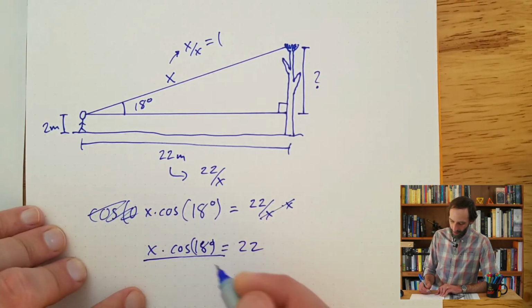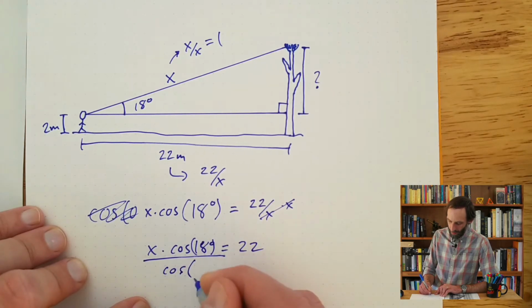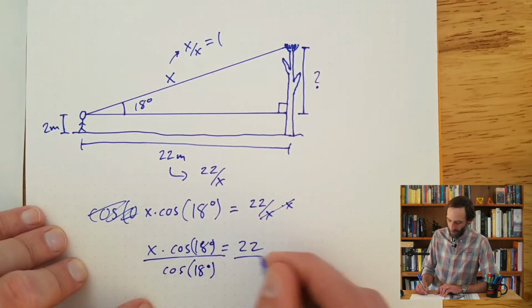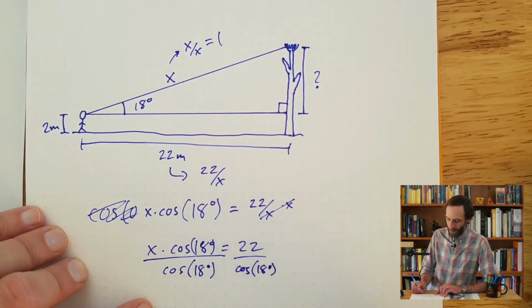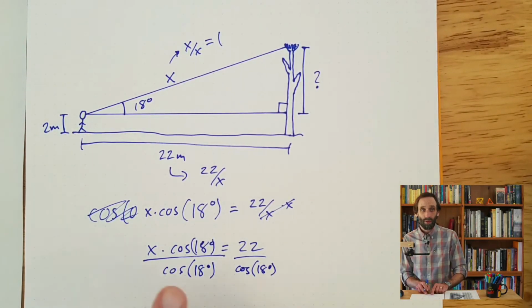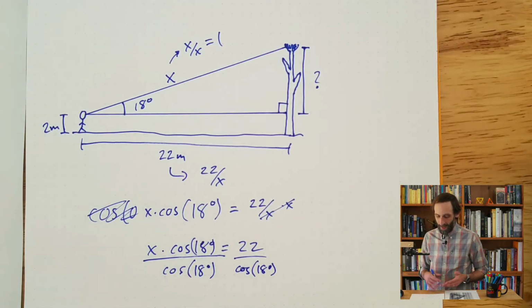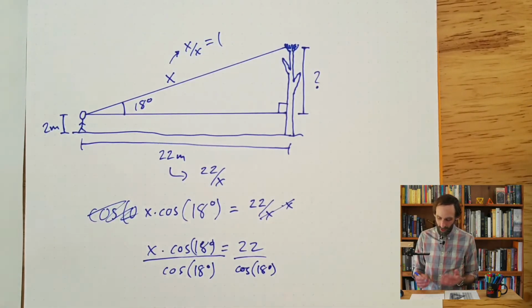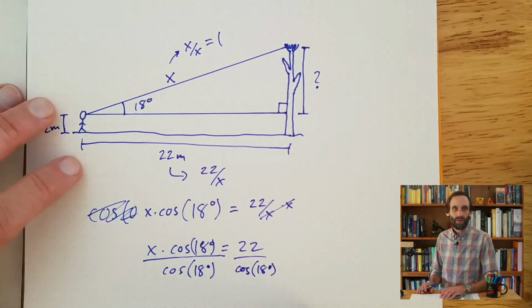So let's go ahead and do that. Divide by the cosine of 18 degrees. Now, by the way, you could always find out what the cosine of 18 is first and divide by that number, by that ratio. You'll get the same answer.